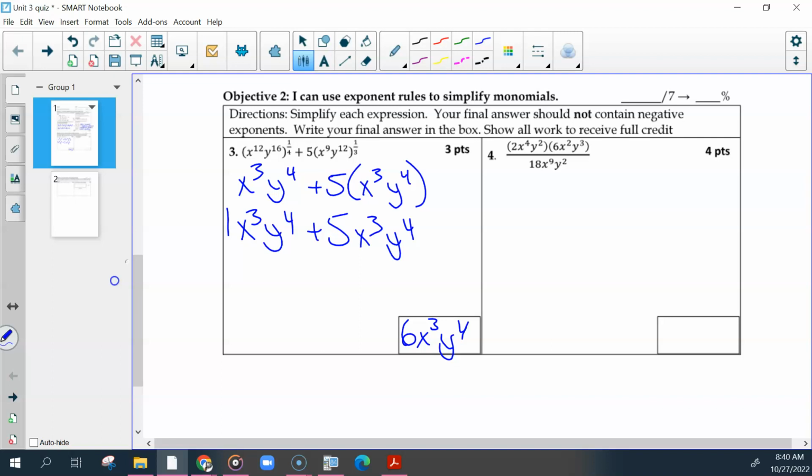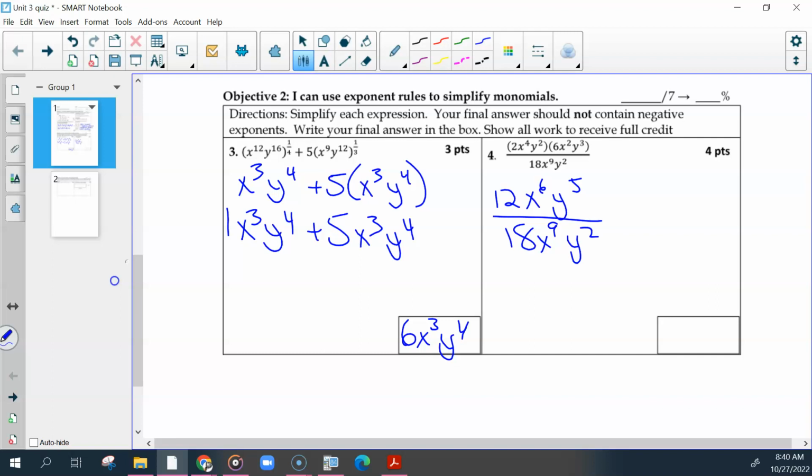With 4, you needed to multiply your numerator, so actually multiply the numbers, add your exponents, so getting that first part was 1 point. Then simplifying each of the pieces was worth another.